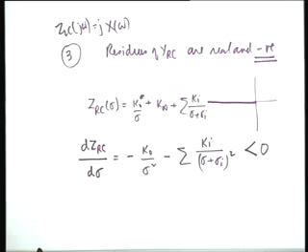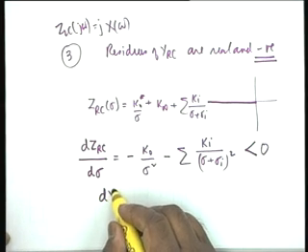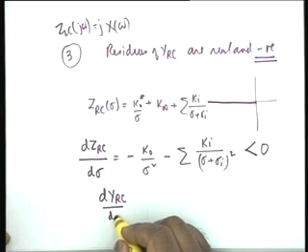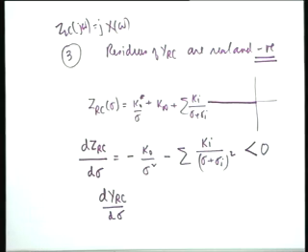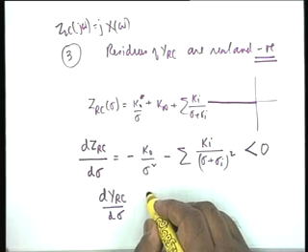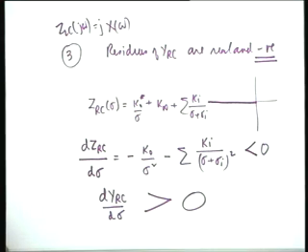It was strictly positive in the earlier case. And if you take YRC, put S equal to sigma, and take the differential coefficient with respect to sigma, you can similarly show, what is your guess? This would be strictly positive. You see, impedances and admittances behave differently.